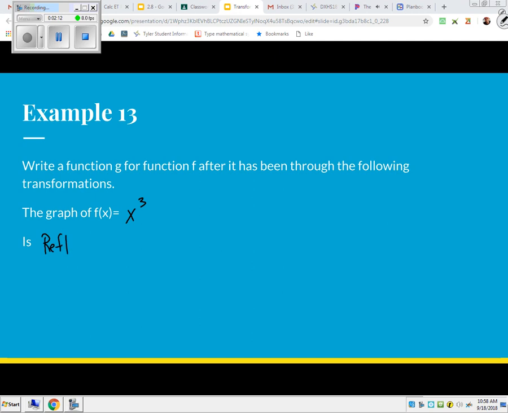Let's reflect over the x-axis. Let's go down 7 units.